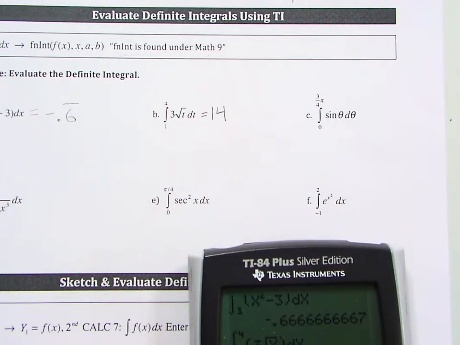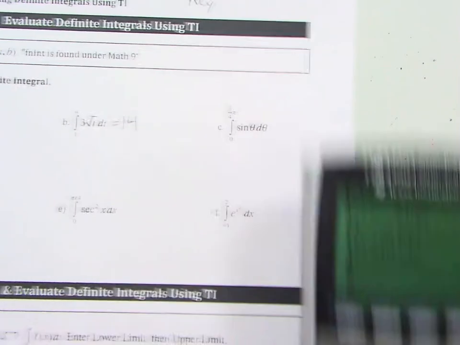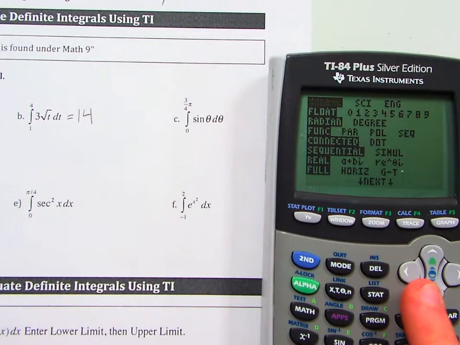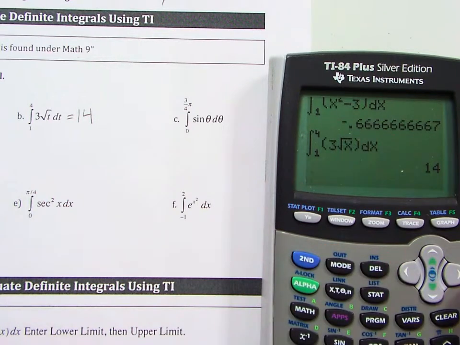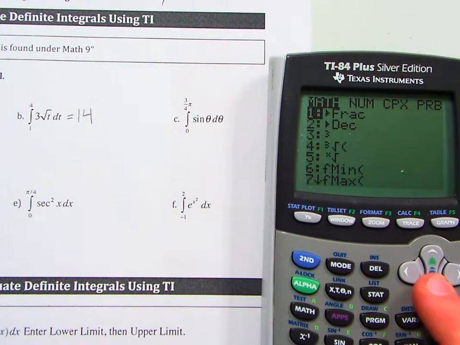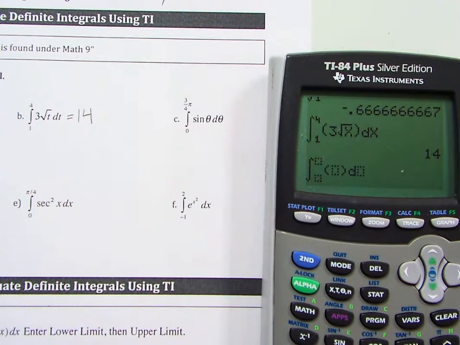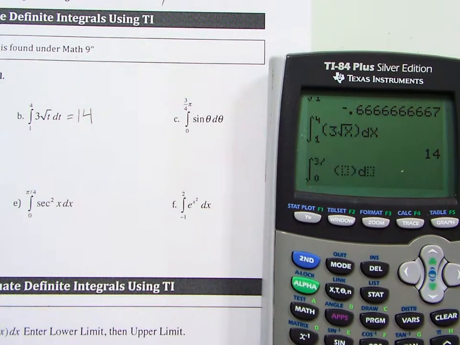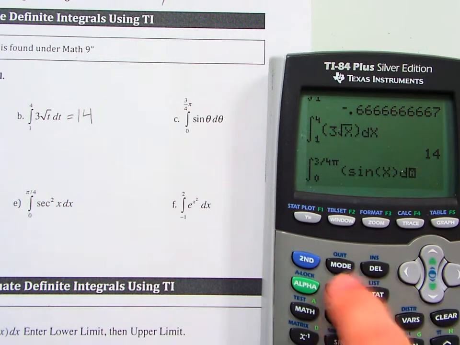In our next example, letter C, we have a trig function, so we have to make sure that we are in radian mode. Just check your mode real quick that it says radian. We're good to go. Again, math, 9, so we don't have to scroll all the way down. Then 0 to 3 divided by 4 and pi, and then sine of x with respect to x.